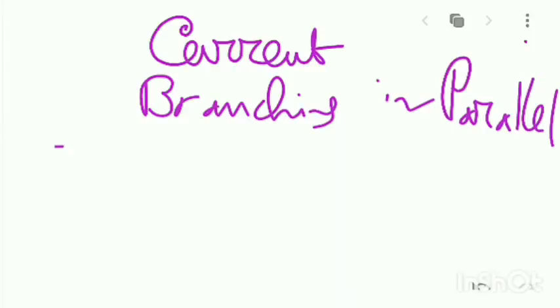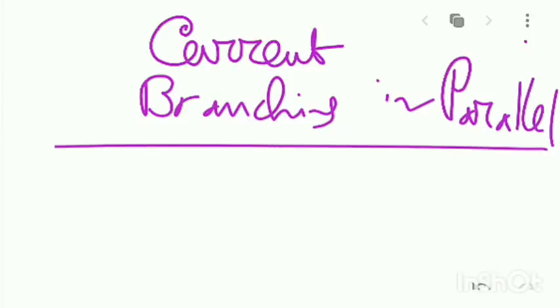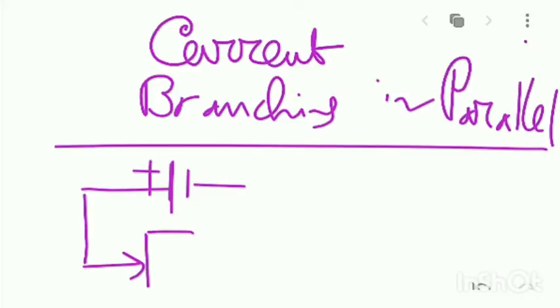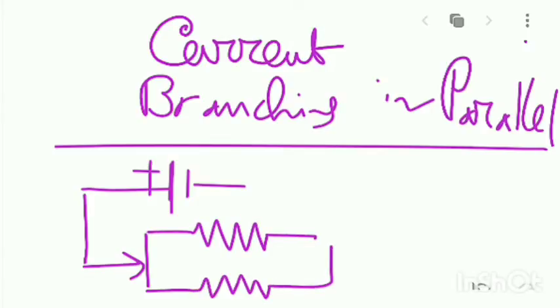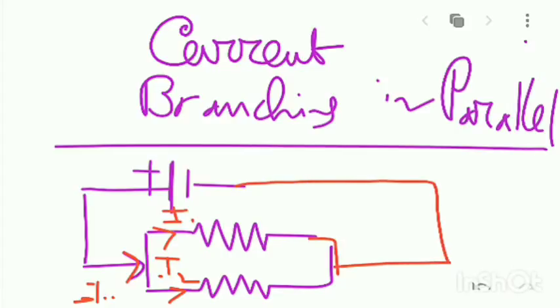Usually what happens in parallel connections is that if this is a battery, the current coming out of it, when it goes into a parallel combination, is divided into two portions. The net current I coming here gets divided into two parts. One part is I1, the next part is I2. After the parallel combination, they are reconnected and come back.